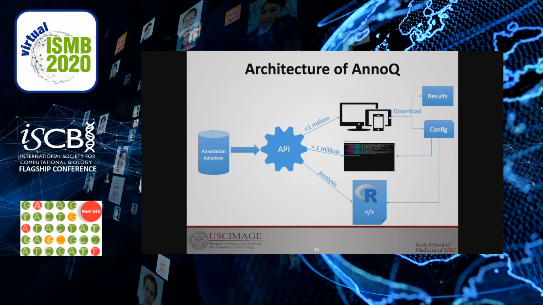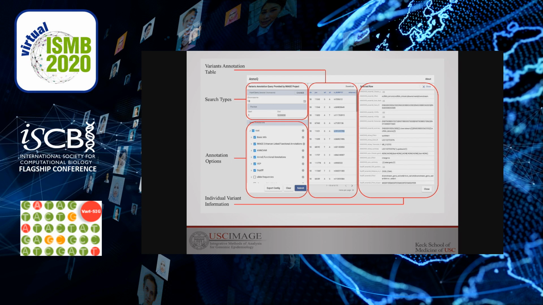Also, since there are hundreds of annotations in our dataset, users may select the annotations from the graphic interface and store this selection as a configuration file. The configuration file can work with our R programming package as well as the user's own created script.